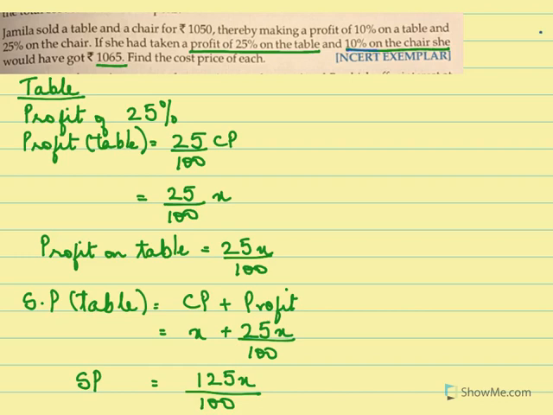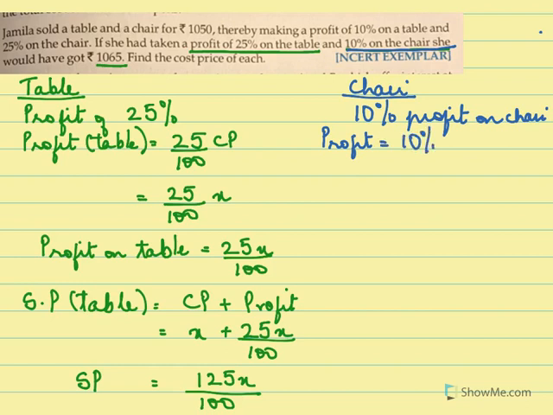Now for the next part, he has made 10% on the chair. So for the chair, let's make the calculation now. They said 10% profit on chair, which means the profit on the chair now equal to 10% of CP of the chair, which is 10%, CP is Y. So the profit for the chair equal to 10y over 100.